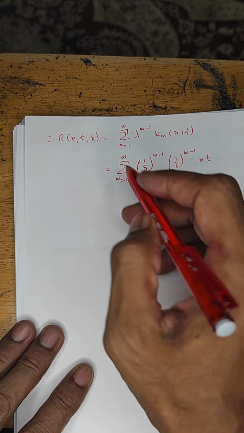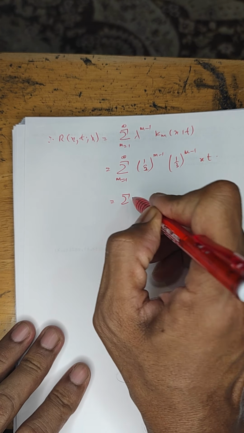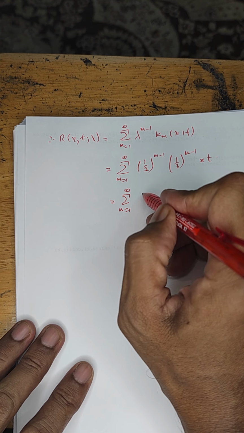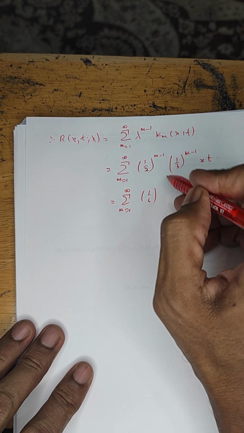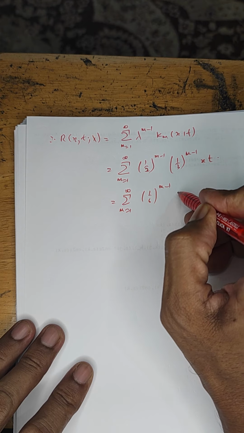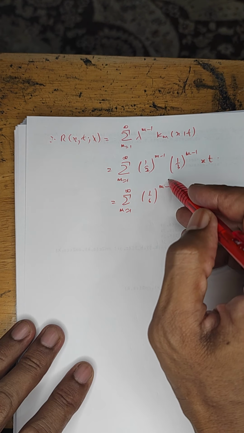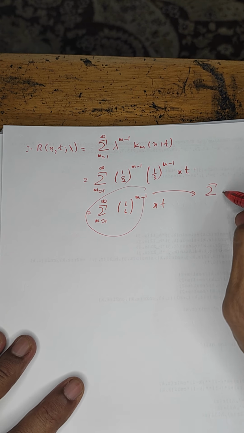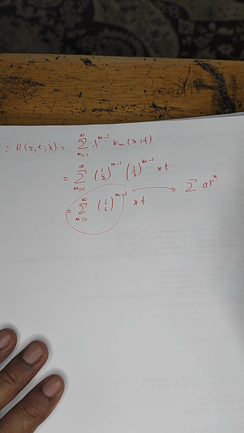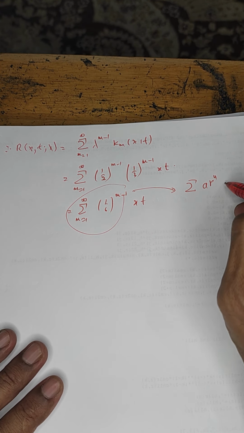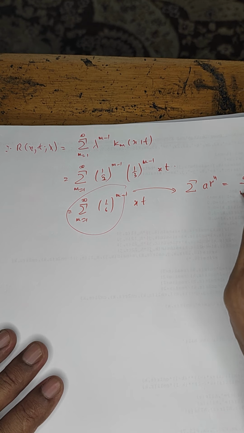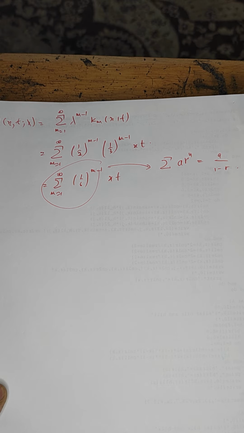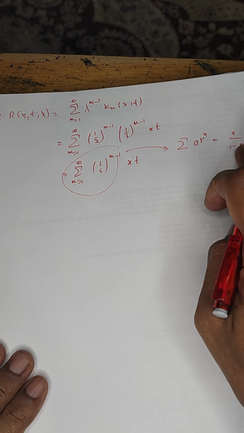Of course you can simplify that: this is the summation over m from 1 to infinity of (1/6)^(m-1) xt. This is a geometric series, a r^n, and the summation is a over 1 minus r.